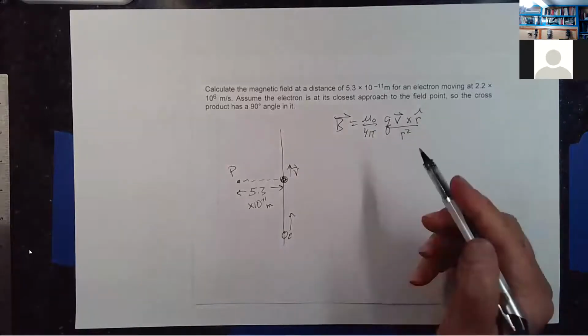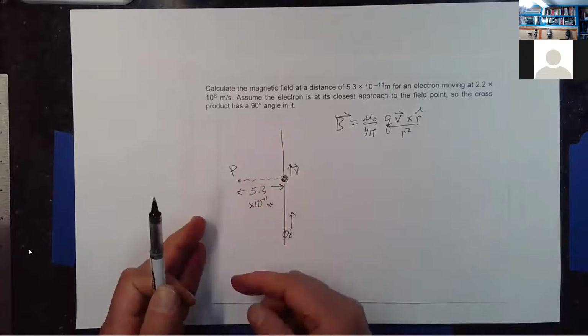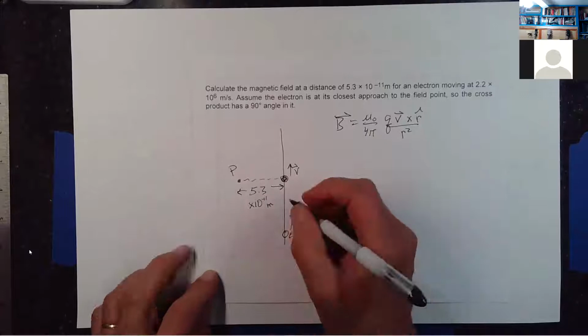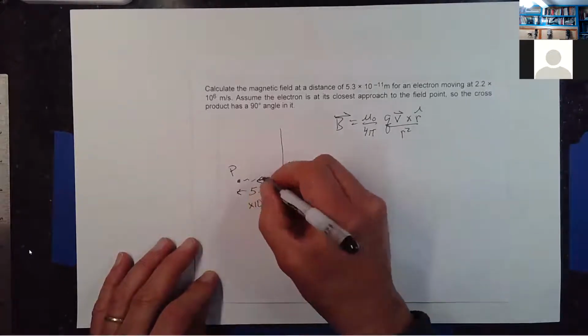Okay, well, let's work out the v cross r hat part. V is in this direction. R hat points from the charge to where the field point happens to be.